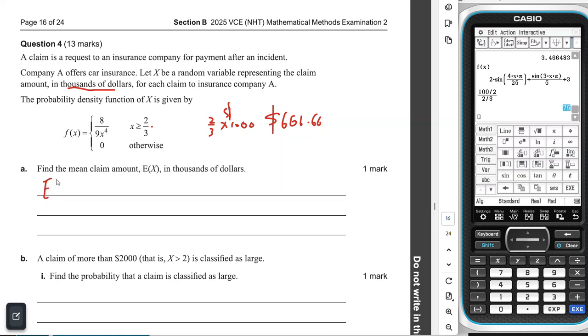Okay, the mean claim will be the integral from 2/3 to infinity of x times f of x dx.